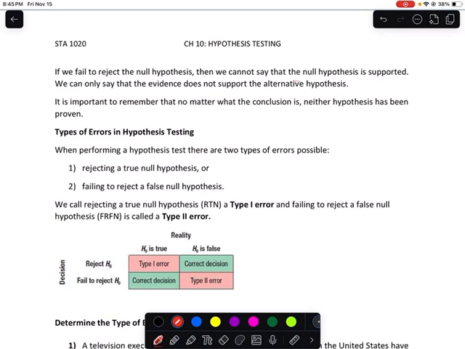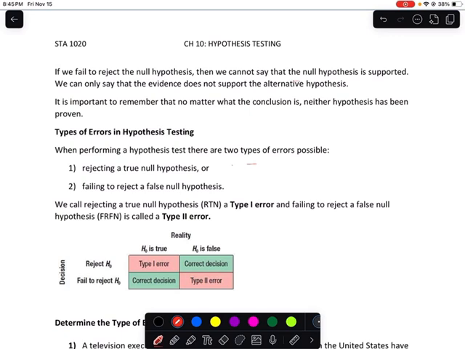Now we talk about types of errors in hypothesis testing. When performing a hypothesis test, there are two types of errors possible. So rejecting a true null hypothesis or failing to reject a false null hypothesis.